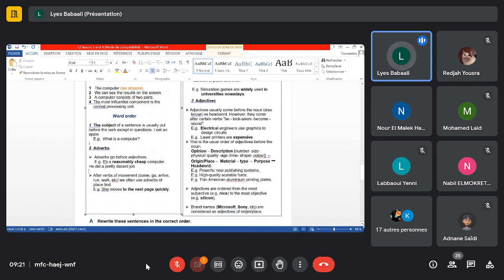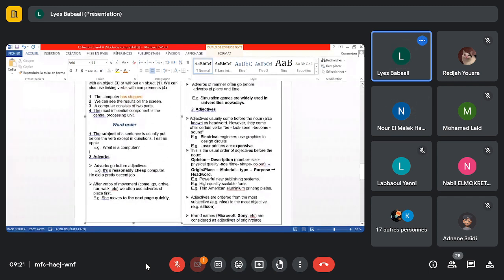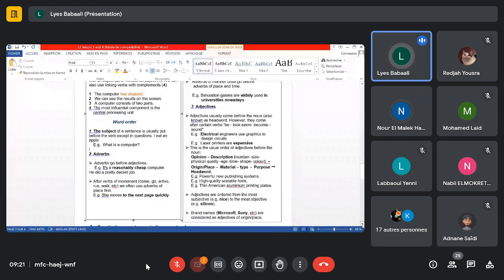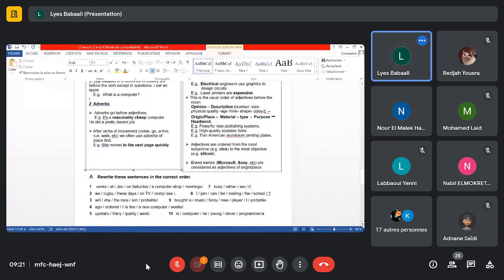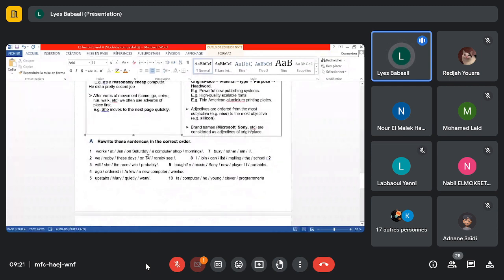But those are really guidelines. I encourage you to read them and try to understand them. But I am pretty sure that we will see if we got it or not on the exercise. So I want you to try to do this exercise, then we will do it together. Take a few minutes and then we will do it.